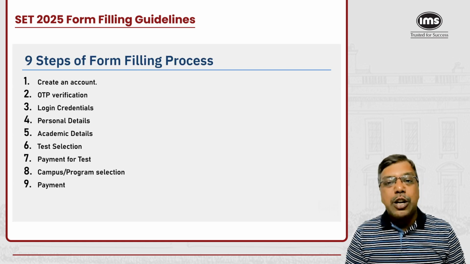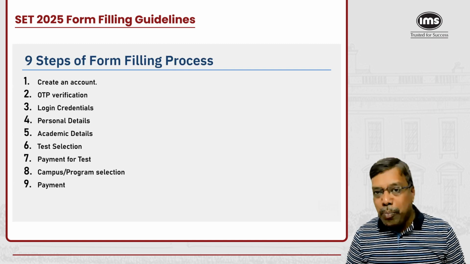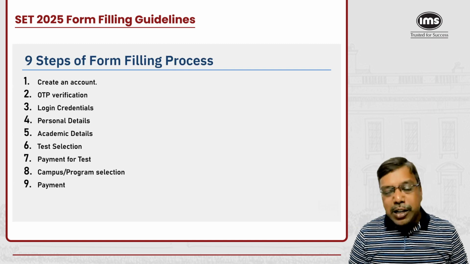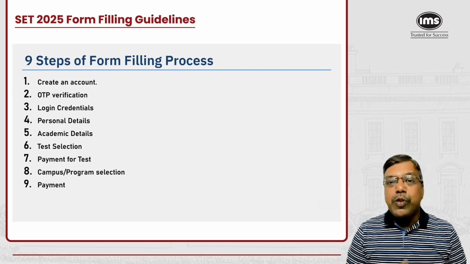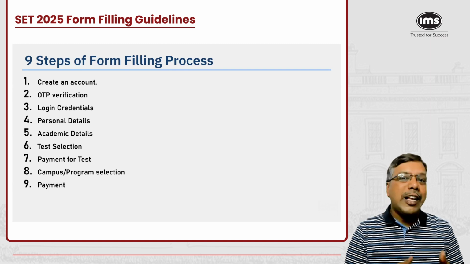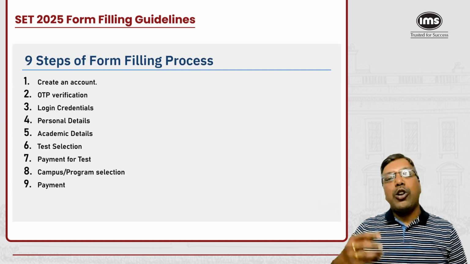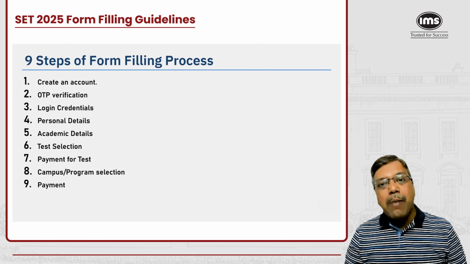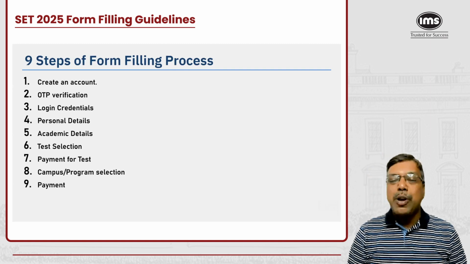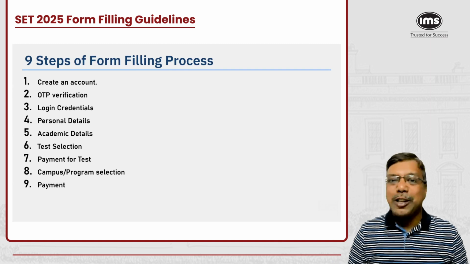You can select whichever campuses and programs you want to apply to and make a payment accordingly, which would complete not only the registration for the test, but also for the campuses and programs of Symbiosis that you want to target for.